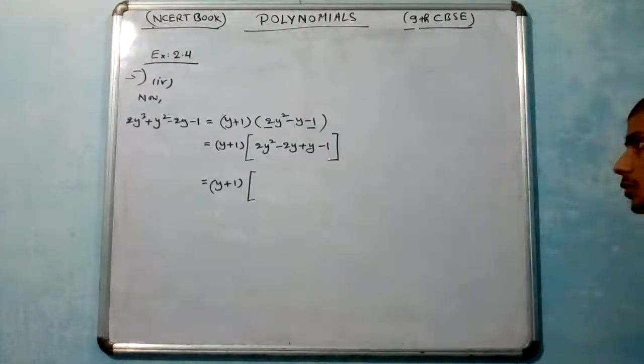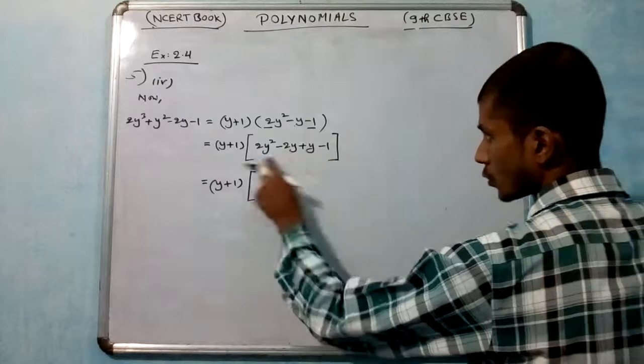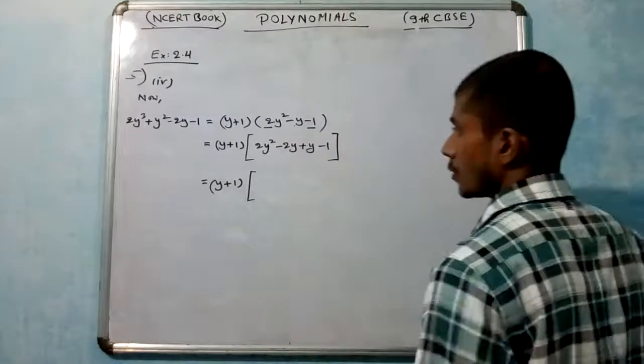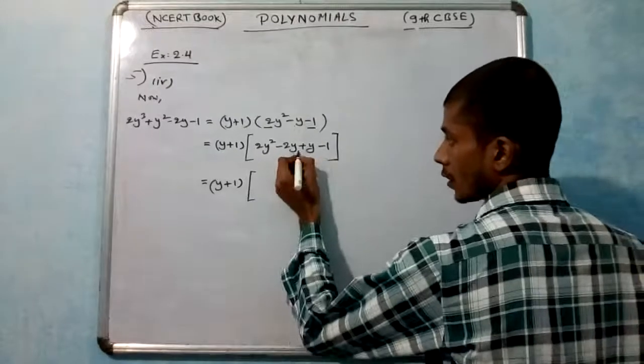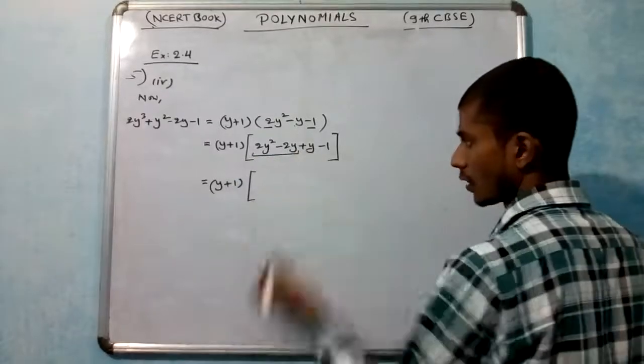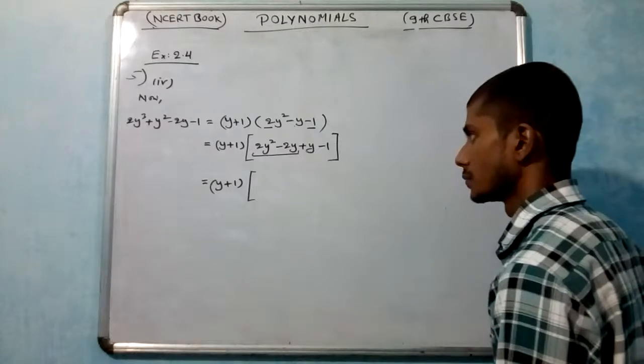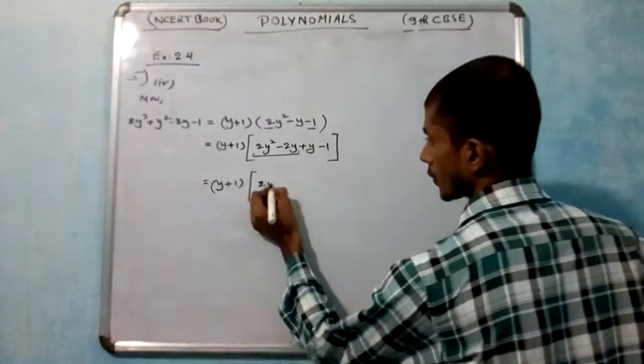Tell me what is the next procedure to do. We split the middle term, next what to do? From where do we take the common terms out? 2y, okay, fine, good.